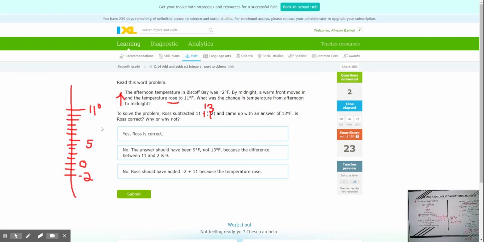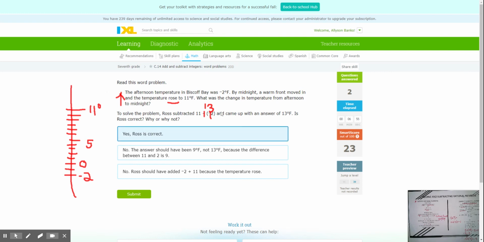So technically, if you want to find the difference, you could have said -2 minus 11, or 11 minus -2, which is what they said. It's still going to be 13 degrees, okay? So yes, Ross is correct because it did go up 13 degrees.